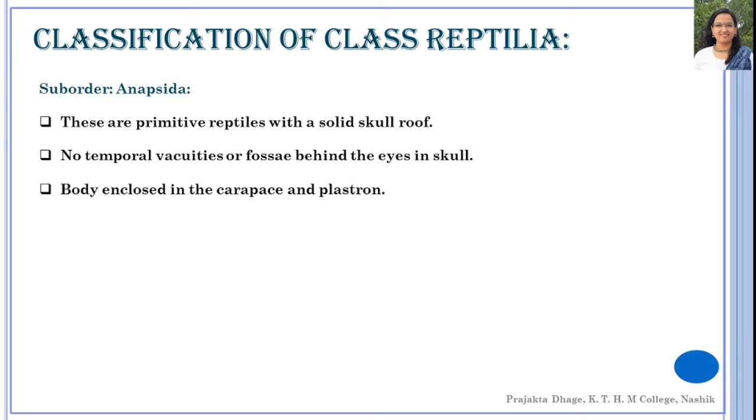If you have seen tortoises or turtles, all of them belong to Anapsida. It contains two orders, Cotylosauria, which is extinct obviously, and then you have Chelonia, to which all the turtles and tortoises belong.